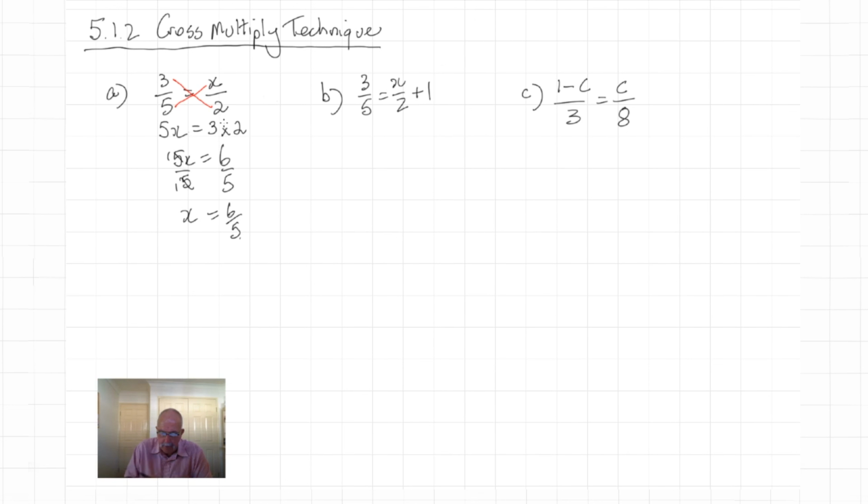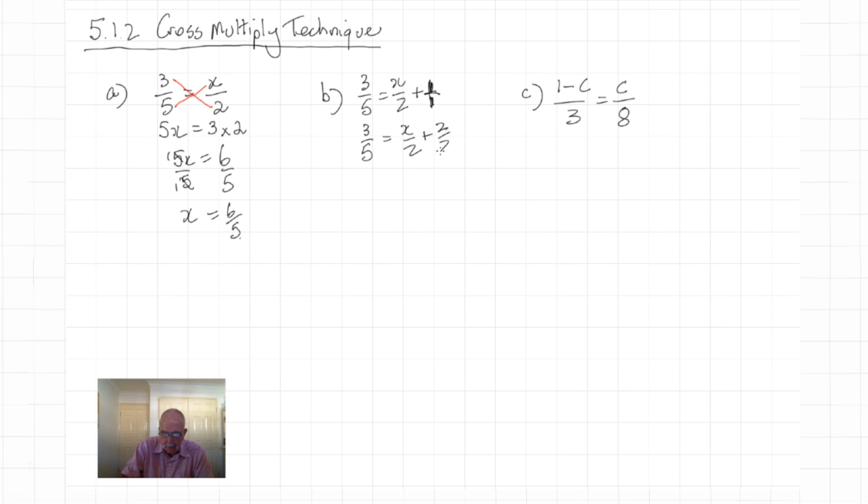Okay, what happens when we don't have that? It's very similar to this. We've got 3 on 5 equals x on 2 plus 1. So we don't have a single fraction equals a single fraction. Can we make this right-hand side into a single fraction? Yes, we can. Now 1 is like the number 1 on 1, and when we're adding fractions, we've got to make denominators the same.